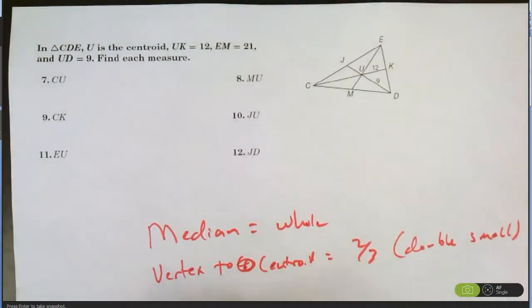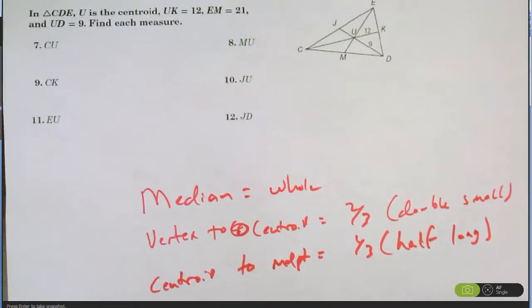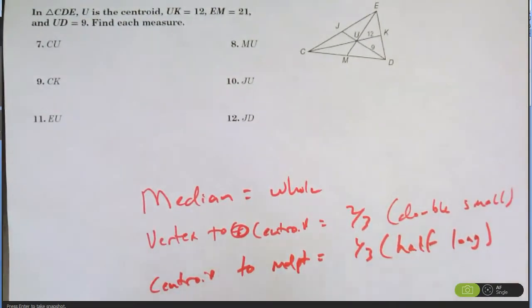And then from the centroid to the midpoint is 1/3, which is half as long. Okay, sorry, that kind of slipped off the screen there, didn't it? So you kind of have those little clues there.